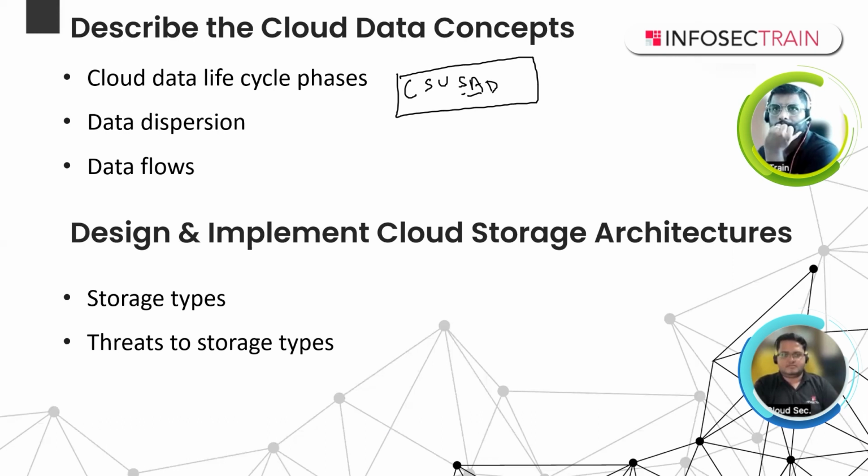Along with that, when you're talking about data flow, what are we learning from this data flow process? Data flow means that you're storing data in the cloud platform, and you want to make sure how the data is being accessed and where the data is being stored. In the same way, we have to make sure how the data is getting replicated from one location to another, whether it is crossing any legal boundaries, and whether it is maintaining the proper data residency requirements.